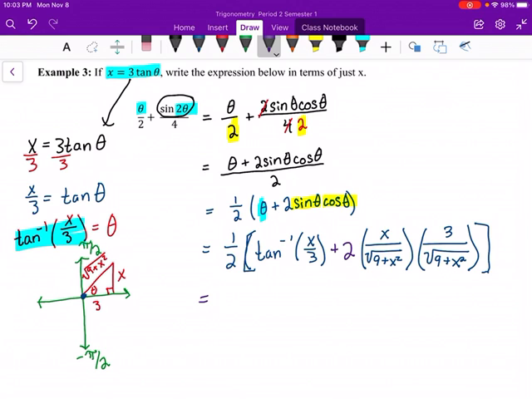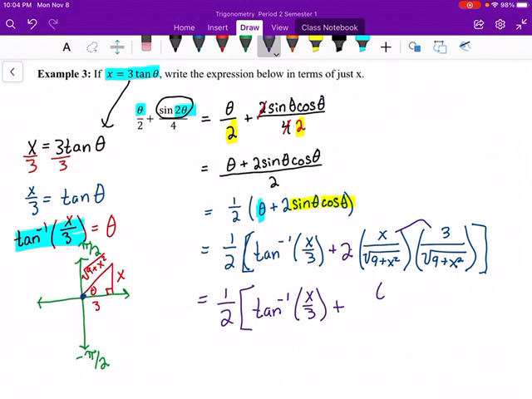And then we can do some multiplication over here to make it a little bit simplified. We're going to leave this as the inverse tangent of x over 3 plus, in our numerator, we're going to have 2 times x times 3, which would give us 6x.